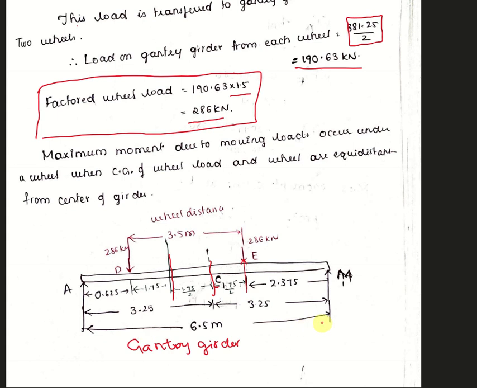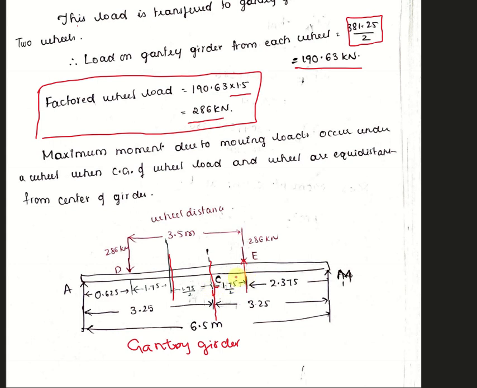This total is 6.5 meter, and up to this center, this is 3.25, 3.25. That's 6.5 by 2, 6.5 by 2. Now this is 3.5 meter. So half of this load. Simply we can say this is the wheel load center and this is the center of the span.